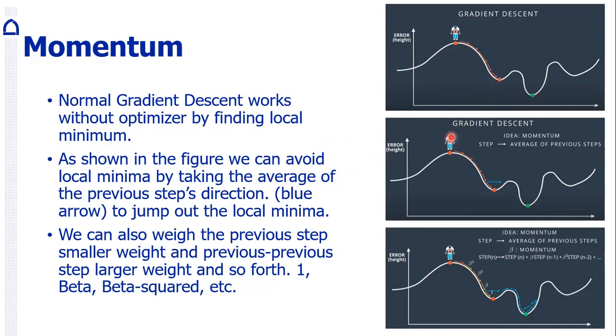If this curve is the performance of our system, in the training process we have the gradient descent algorithm. It makes the system come down and down until it reaches this point. But eventually it can get stuck at this point and say this is the best performance of my system. But actually that is not true, because we have another point here which is the best point.